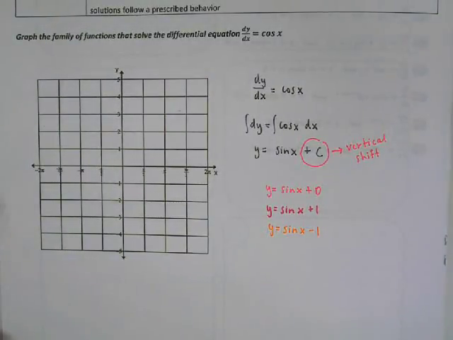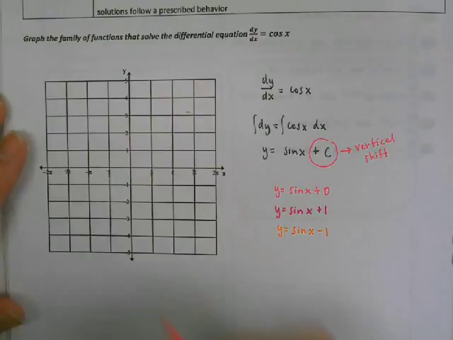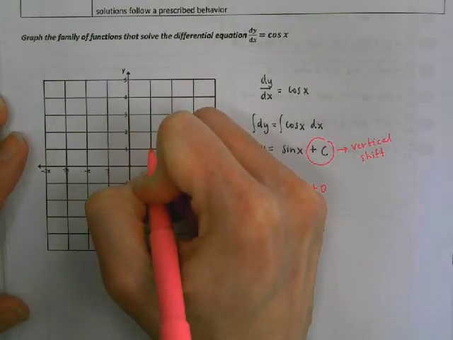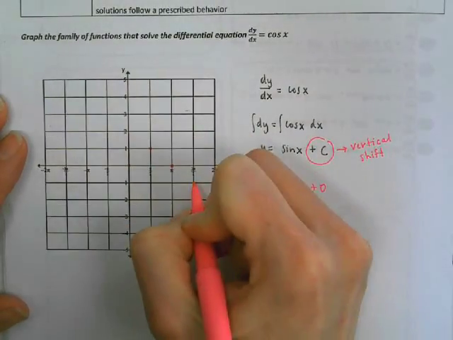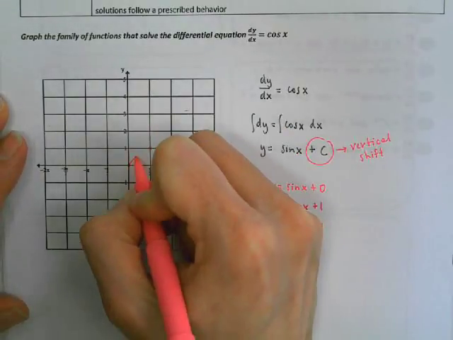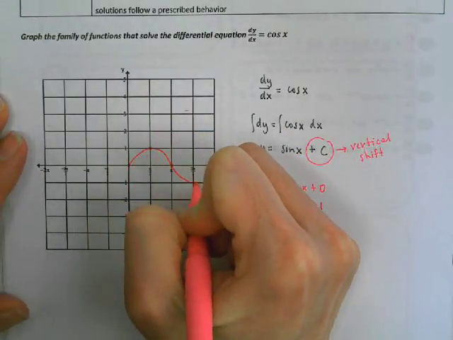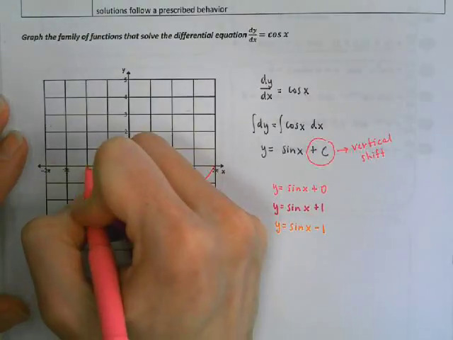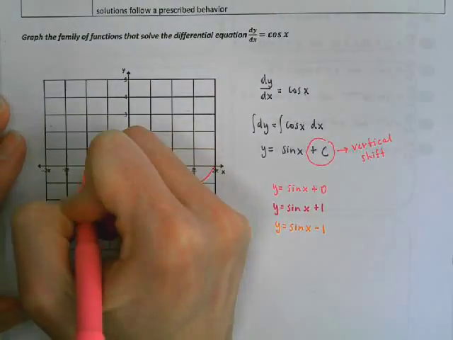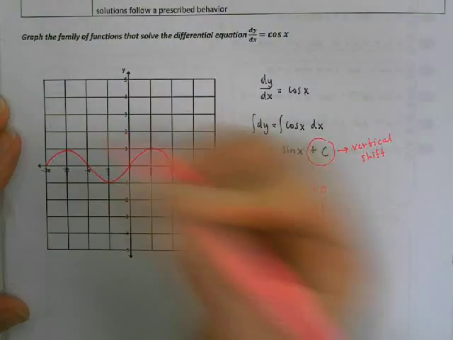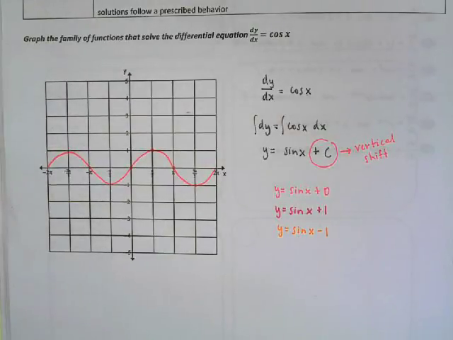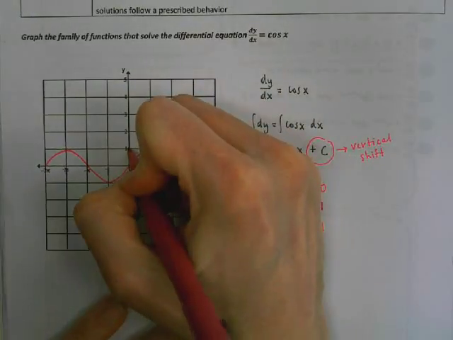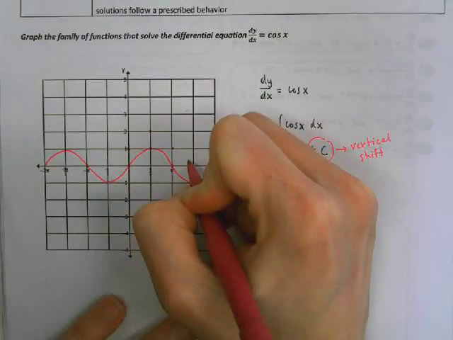So my sine of x plus 0, that's my regular sine curve. So sine of 0 is 0. Pi over 2 is 1. Pi is 0, 3 pi over 2. So I'm going to draw hopefully an okay looking sine curve here. Okay, and then I could keep going. I have sine of x plus 1. That's just shifting all these points up 1.